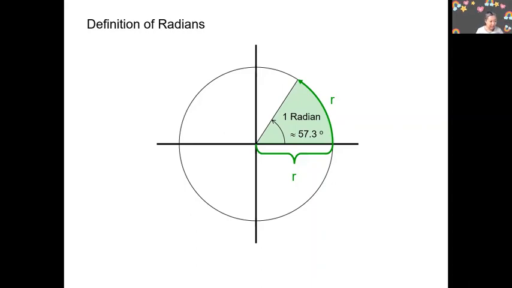If you measure that in degrees, it's about 57.3, and that's the definition of 1 radian. Any questions so far? So this is simply how we define radians.